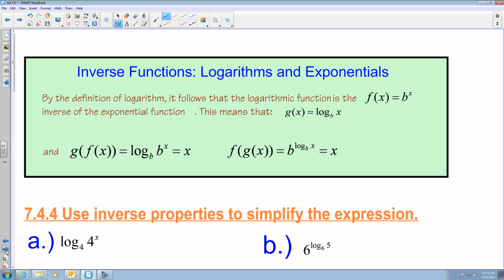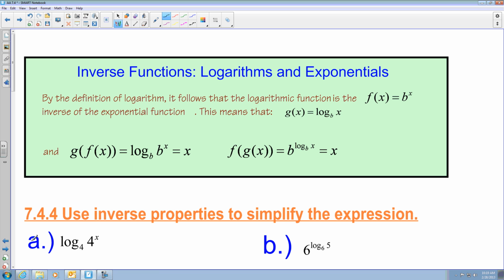So if we have g of f of x equaling log base b of b to the x, that will end up equaling x. Same thing goes for if we have f of g of x, which equals b to the log base b of x. That'll also equal x. That's just how inverses work when you use compositions of one another.